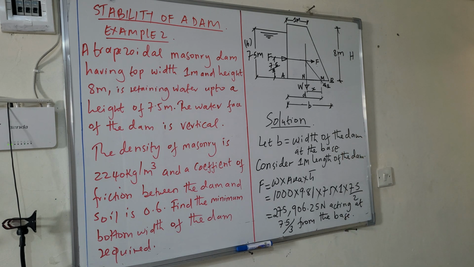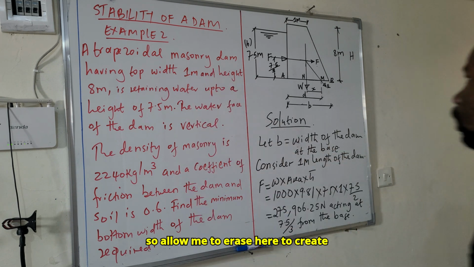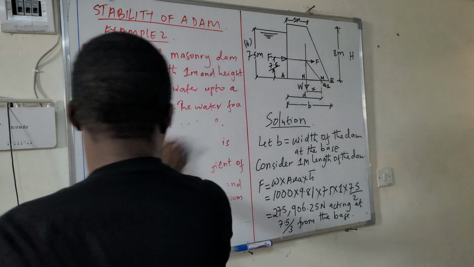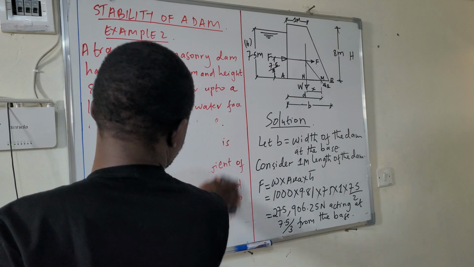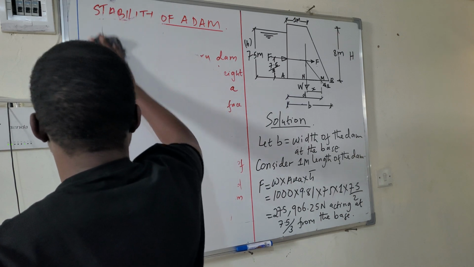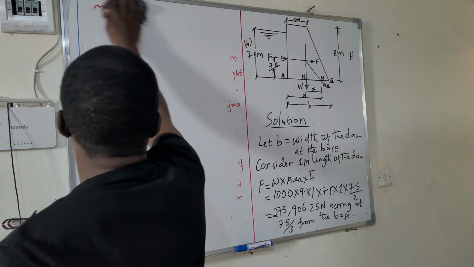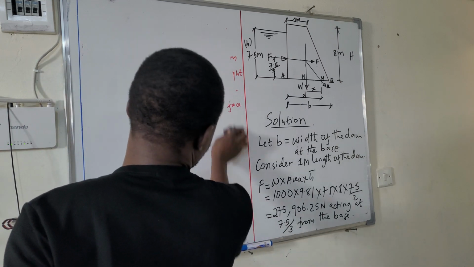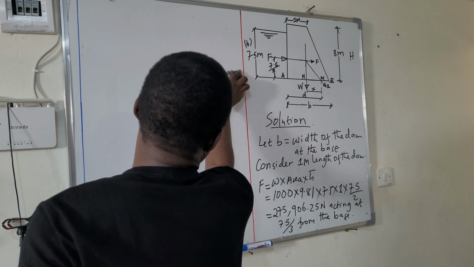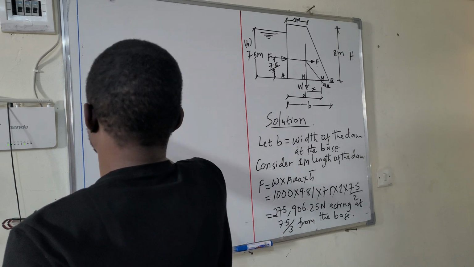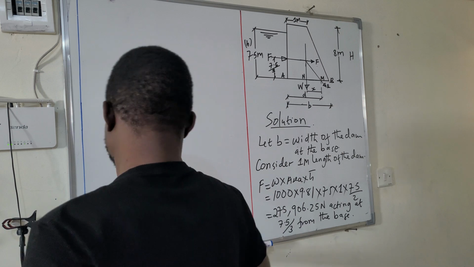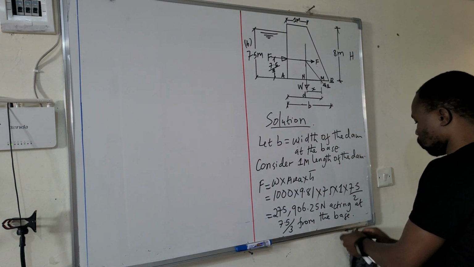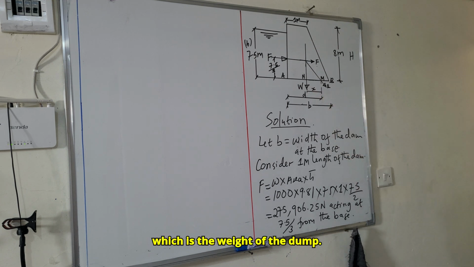Then we continue. Allow me to erase here to create more space for more calculation. We now proceed to W, which is the weight of the dam.